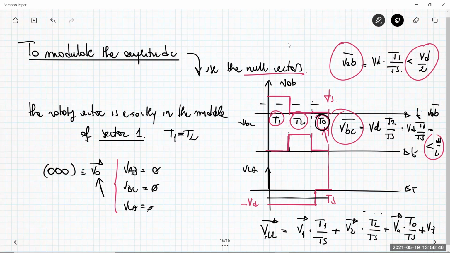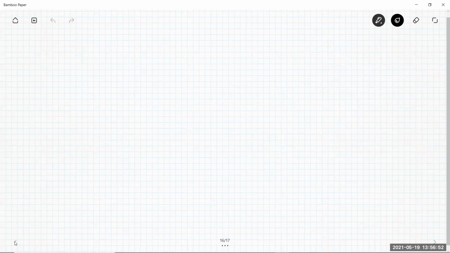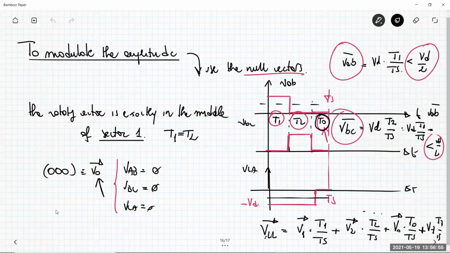Okay, so V7, T7 over Ts. For efficiency reasons that I will mention later, two null vectors are employed, not just one. So use both the null vectors. And these expressions here represent exactly the vectorial combination that I have averaging the quantities during TS.